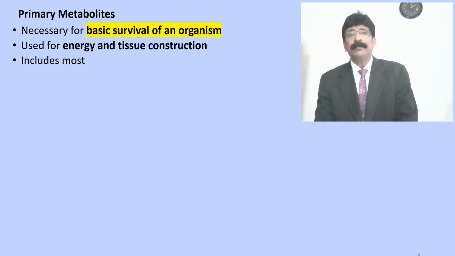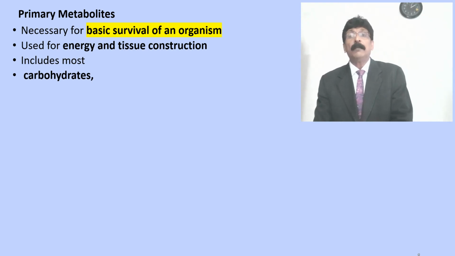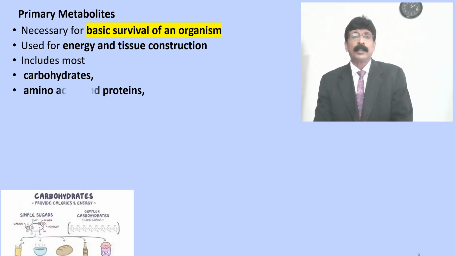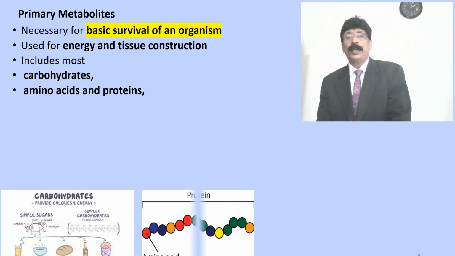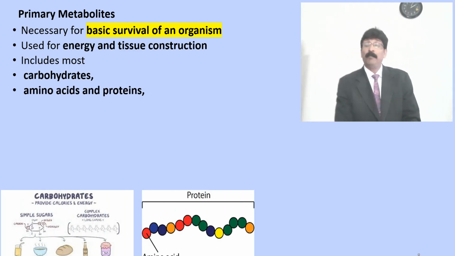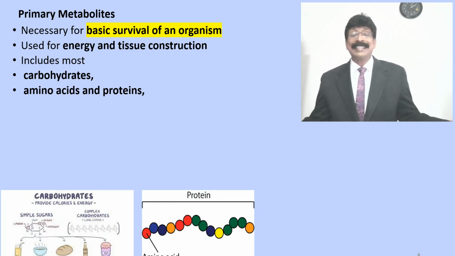Energy and tissue construction include most of the primary metabolites, which are carbohydrates, amino acids and proteins, the building blocks of tissues and of the construction of all our cells.